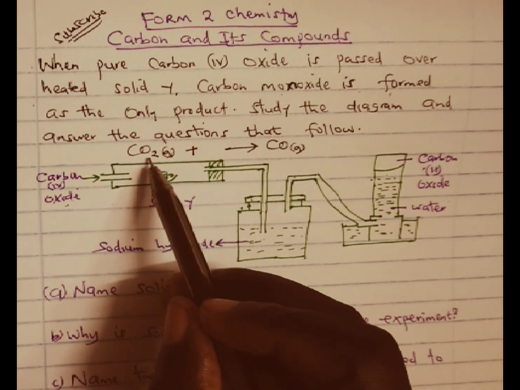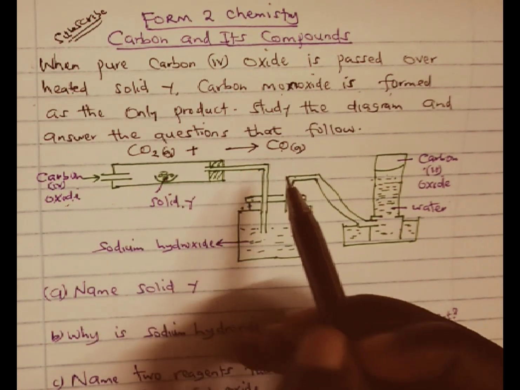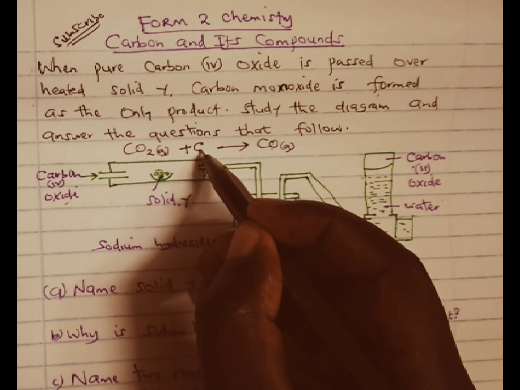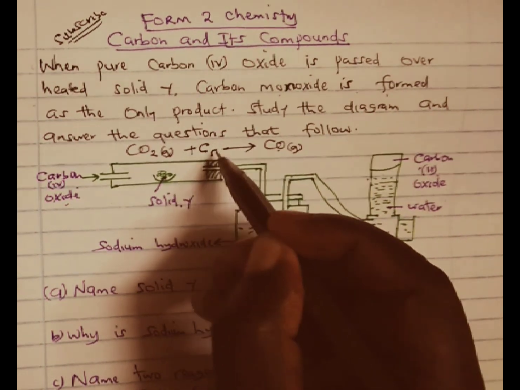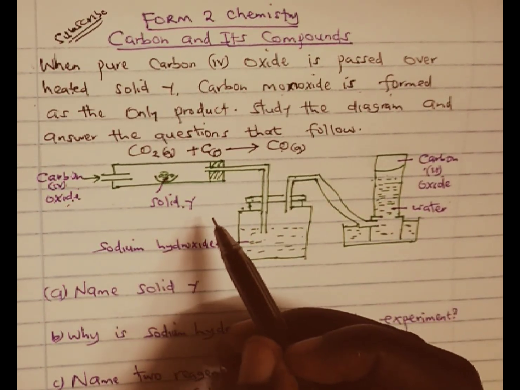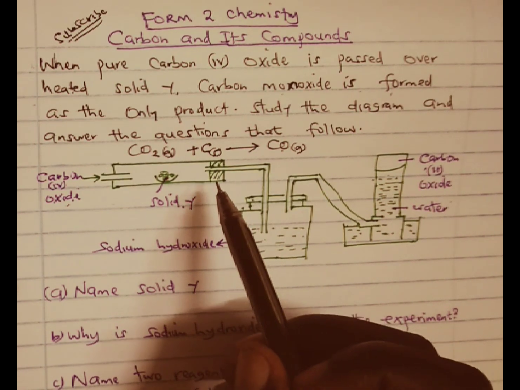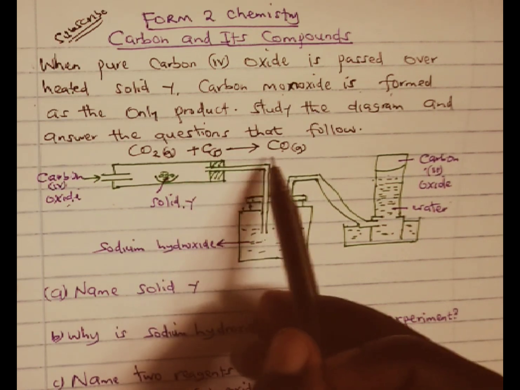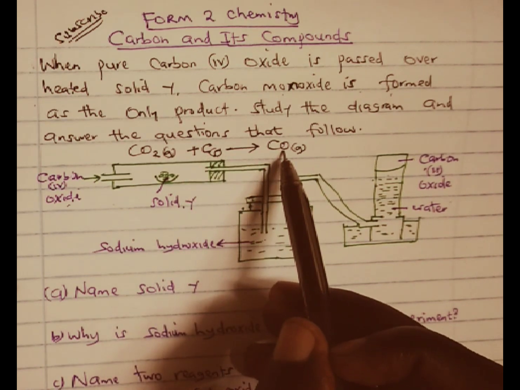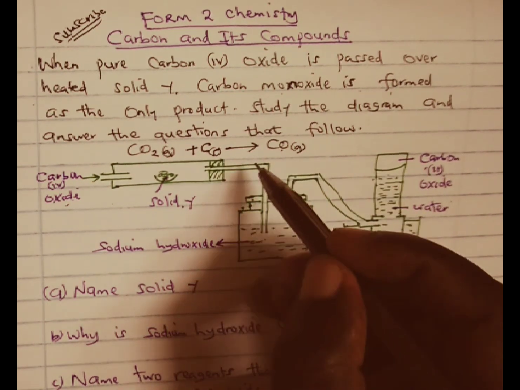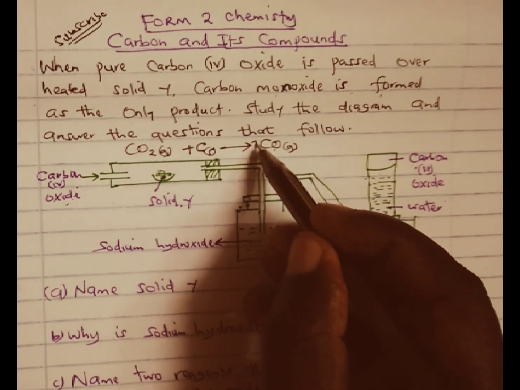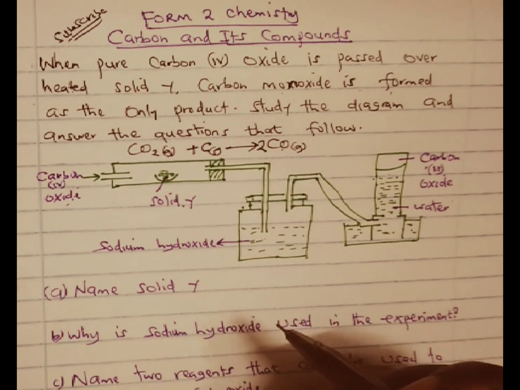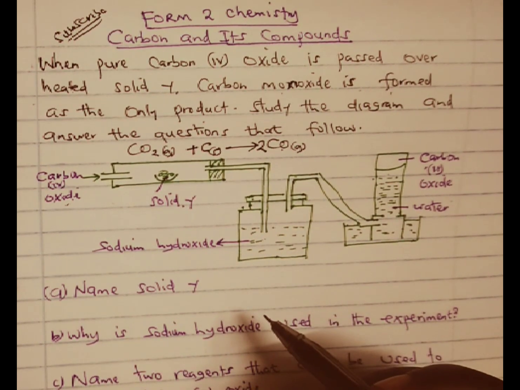Remember, carbon 4 oxide can only give us carbon 2 oxide if it is reacted with carbon or coke. In this case, we have carbon 4 oxide reacting with carbon to give us carbon monoxide, also known as carbon 2 oxide. To balance the equation, we write 2 behind carbon 2 oxide.